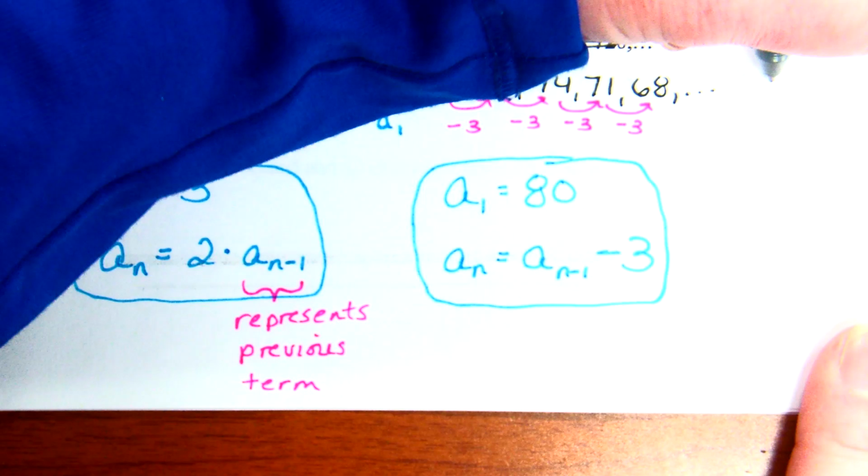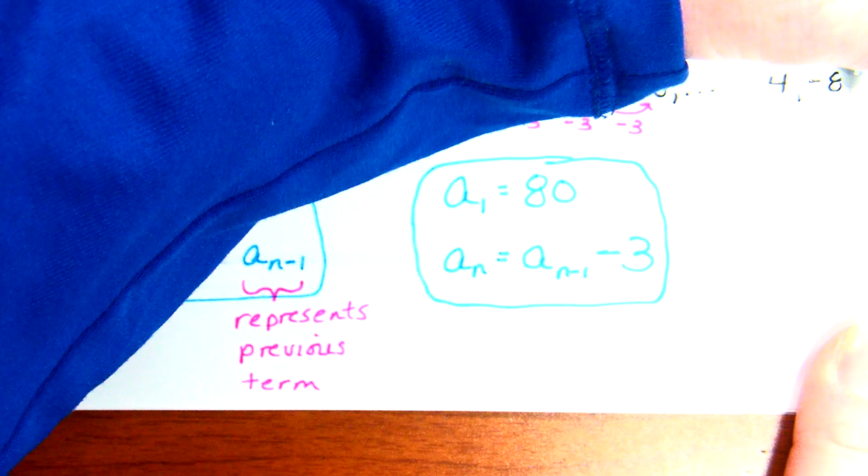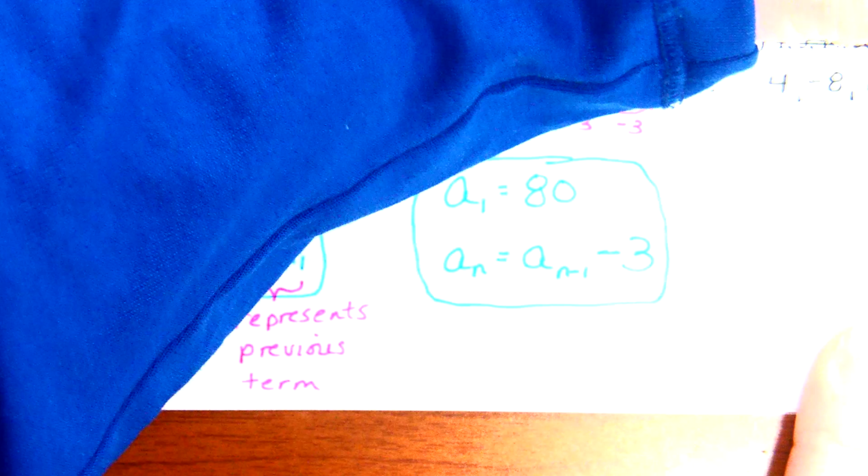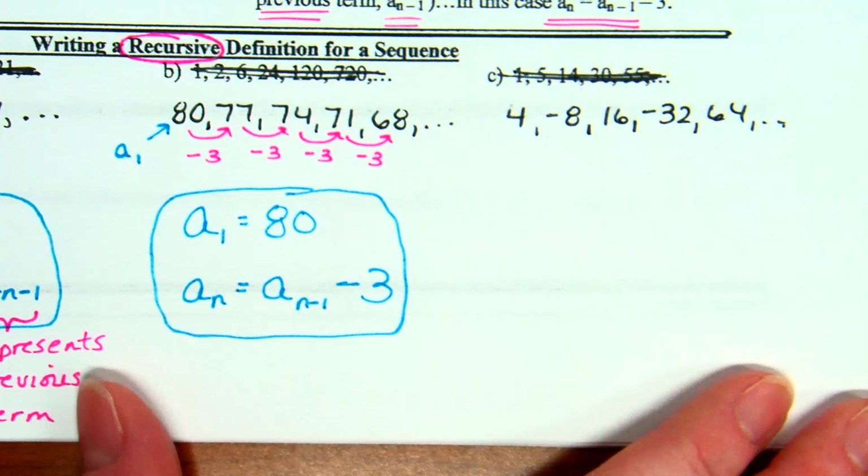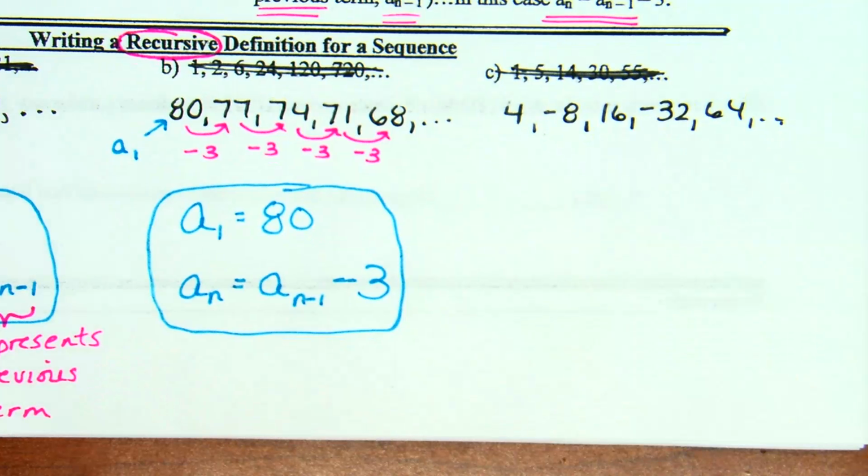Okay. Got one more for us today. 4, negative 8, 16, negative 32, 64. Okay.